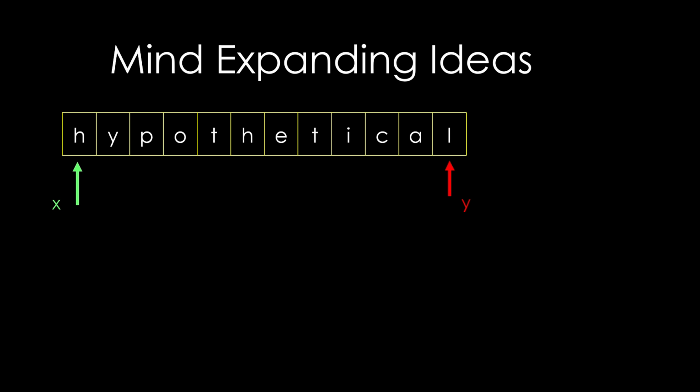Finally, before we close for today, a food for your thought. Consider a non-palindrome word whose first and last characters are not the same, say hypothetical. Now if we look at our code, we would notice that in the very first loop, after comparing the first and last characters, that is H and L, we know that it is not a palindrome.